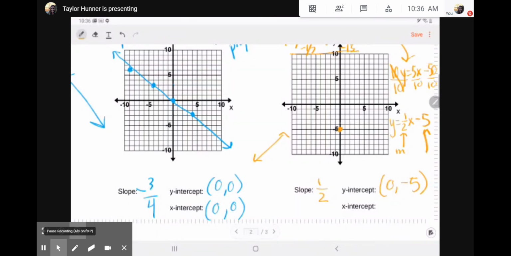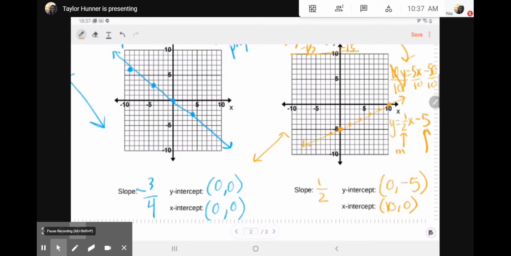So rise 1, run 2, rise 1, run 2, and so on. So we were able to actually use the slope, and by plotting it super precisely, we now also have our x-intercept of (10, 0). So don't forget that we also need to draw this line.